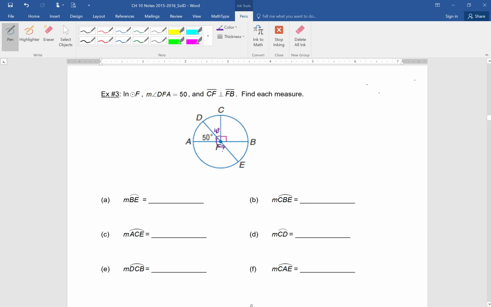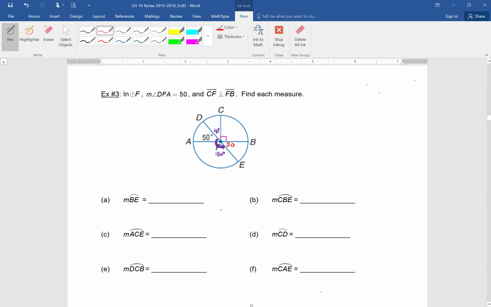This right here is the diameter, so it's 180 right here. So if that's 50, then this is 130 degrees. This is 180. And if this little one is 50, then that's 130. Well, this and this are vertical angles, meaning that's 50, right?